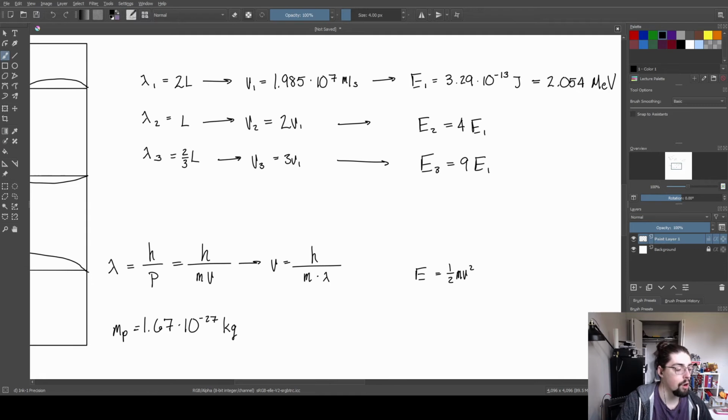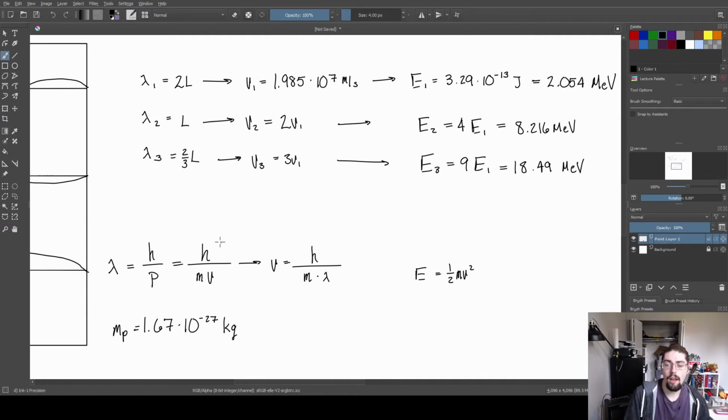When I plug in for all of these values, what I land on for E2 is 8.216 mega electron volts and for E3, 18.49 mega electron volts. These are the allowed energy states of a proton in the nucleus of an atom, assuming the proton is acting a little bit like a wave, which it is.